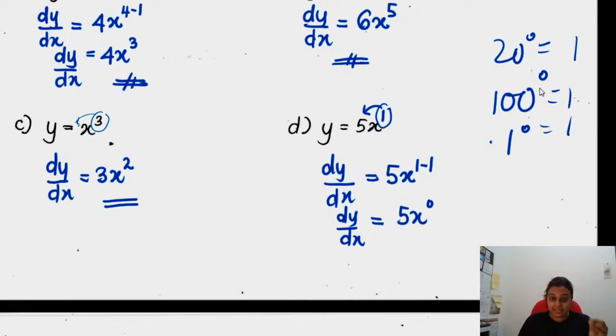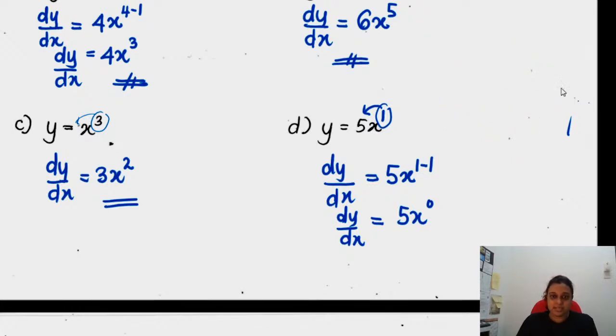Letters and constants also, like a power 0, p power 0, q power 0, all of these will be 1. It will always be 1. So in this case your answer will be 5 times 1, which is only 5.